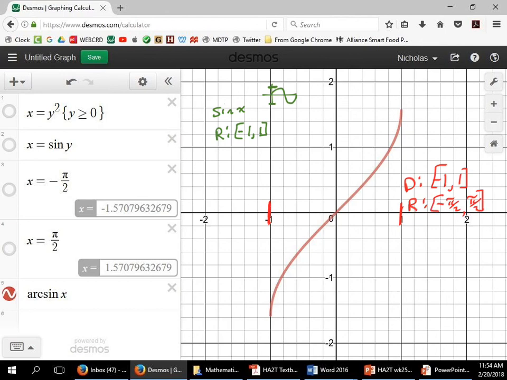And that was the domain that we gave to our sine function so that we can have an inverse, -π/2 to +π/2. This is really important information. This is all about arc sine of x, or sine inverse of x, because these are both the same function. You have to know the domain and the range in order to solve its problems.